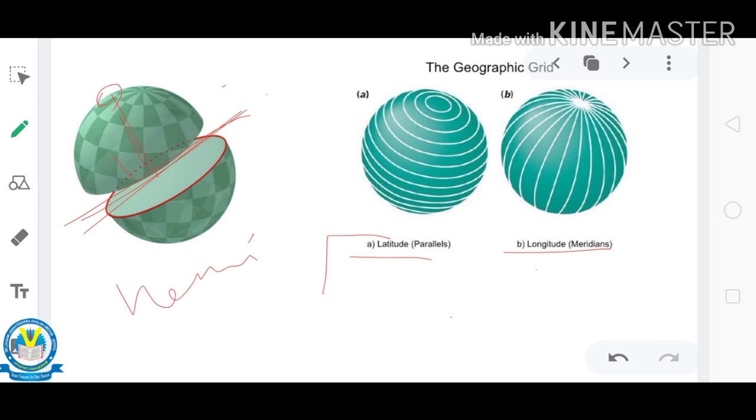Earth is in the shape of a sphere, and half of the sphere is a hemisphere. So the north part of the half sphere is the northern hemisphere, and the half of the earth between the equator and the South Pole is called the southern hemisphere.